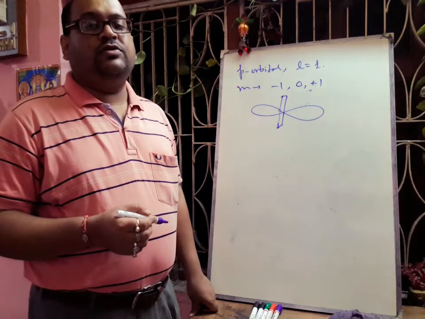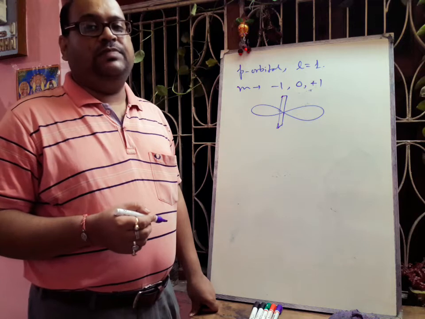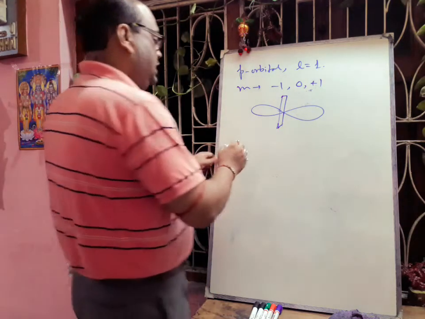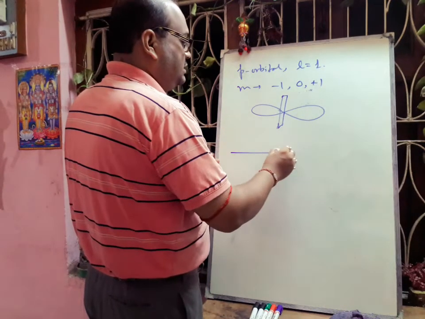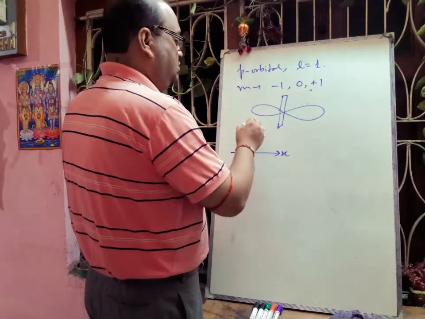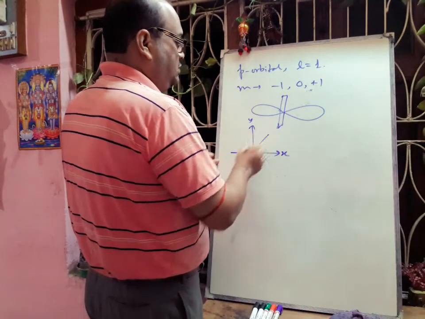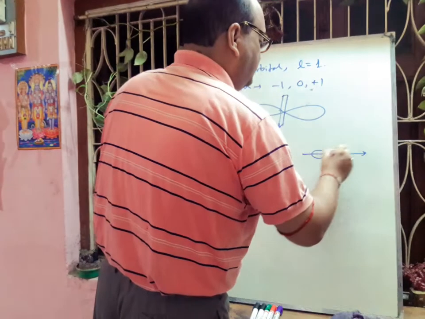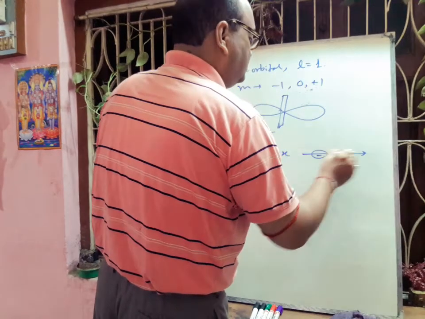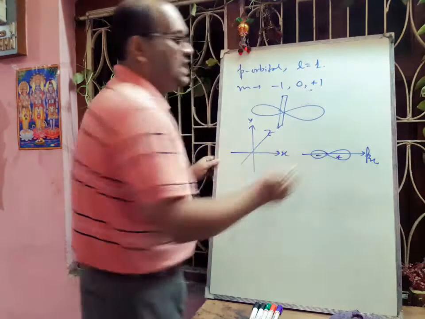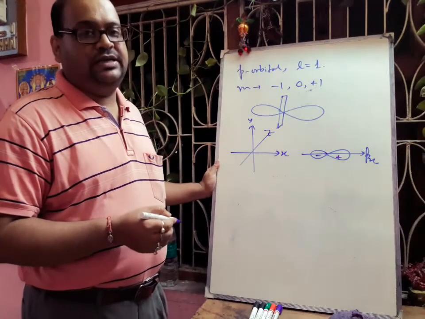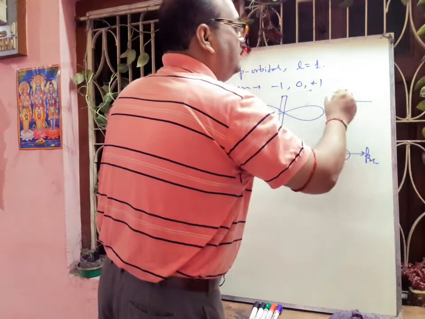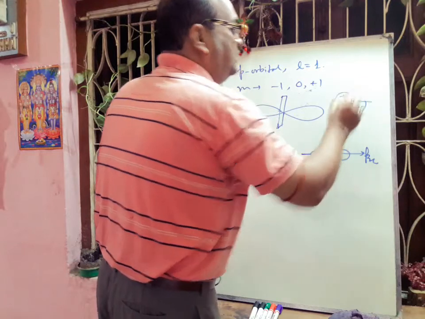Now if we want to draw the diagram of the p orbital, then you can easily understand. Suppose this one is the x-axis, this one is the y-axis, and this one is the z-axis. So this one will be the px orbital, and these plus minus signs are called symmetry. You know the symmetry of a wave. This one is called positive and this one is called negative.